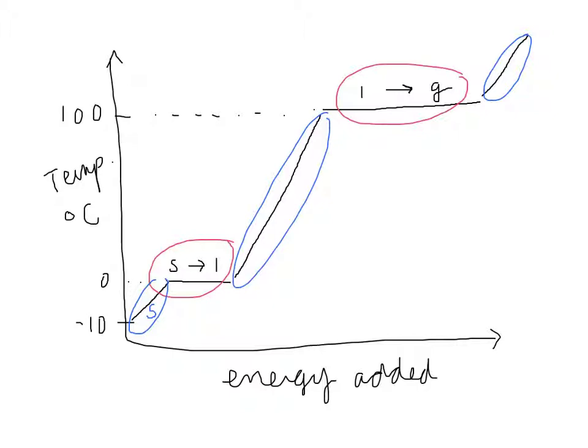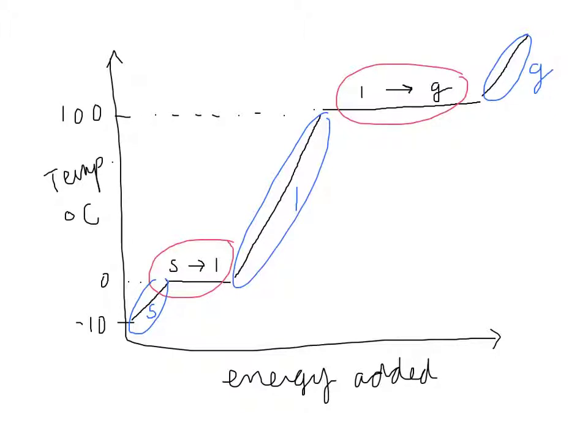It's solid right there, it's liquid right there, and it's gas right there. So all the energy is going to kinetic energy, or increasing the temperature of the substance. Whereas in the flat regions, all the energy is going to potential energy, or changing the substance from a solid to a liquid, or from a liquid to a gas.